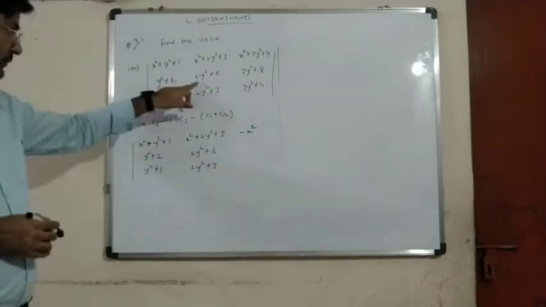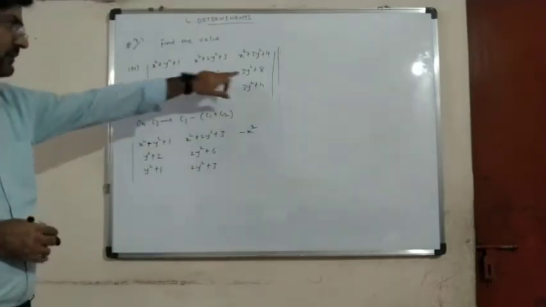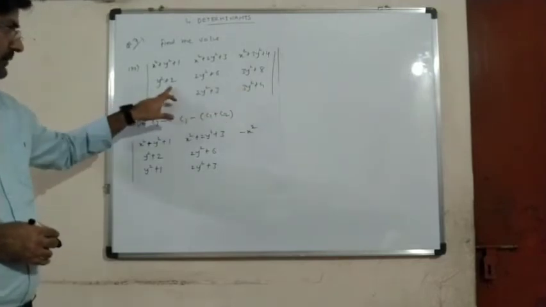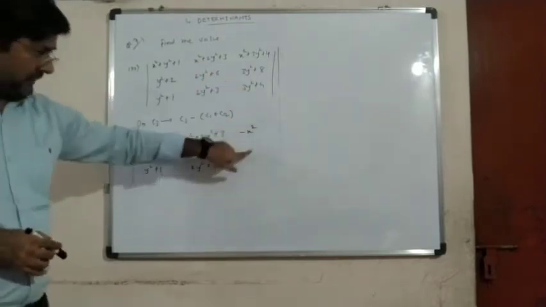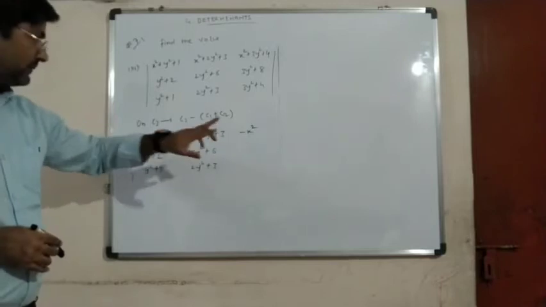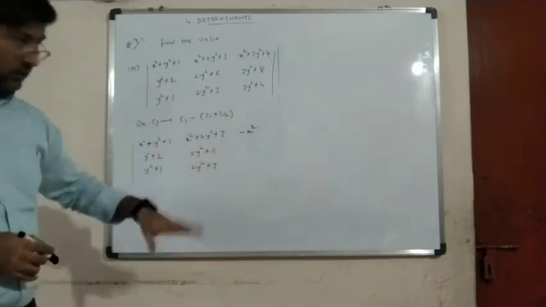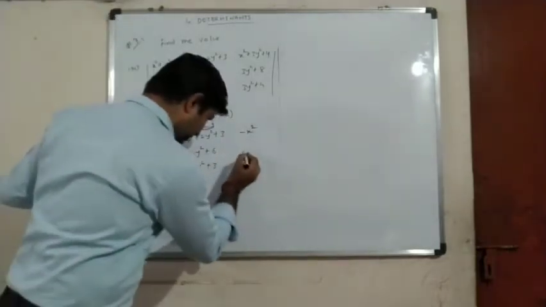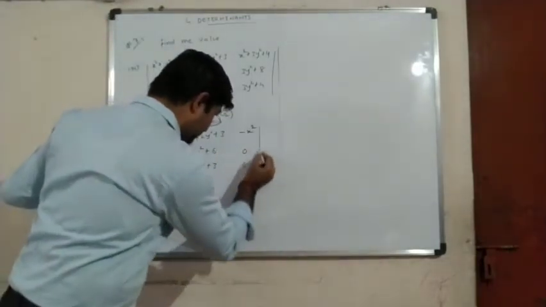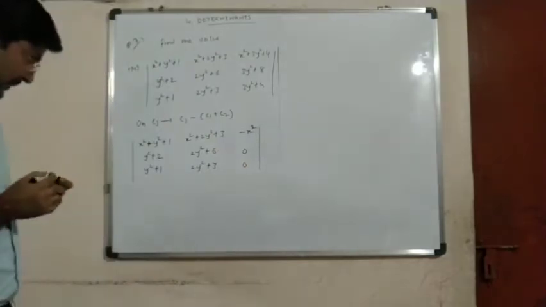In the second column, 2y square plus y square, 3y square minus 3y square is 0, 6 plus 2, 8, 0. So the second term of the third column will be 0. Similarly 2 plus 1, 3y square and 3 plus 1, 4. So again the third term will also be 0.